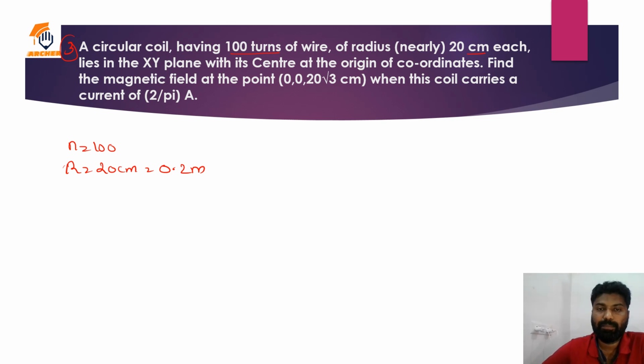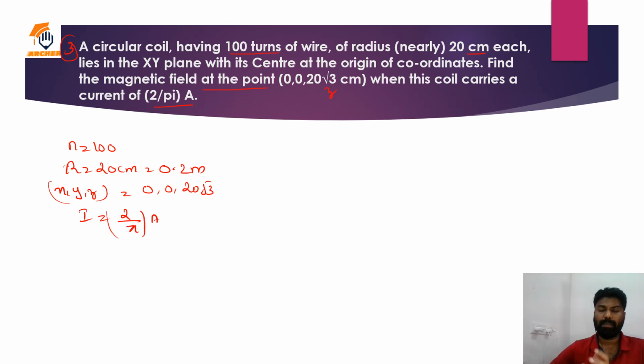Then the magnetic field at the point with coordinates (0, 0, 20√3). We need to find the magnetic field at this point in the Z direction, when this coil carries a current of 2 by π. So I is given as 2/π ampere.